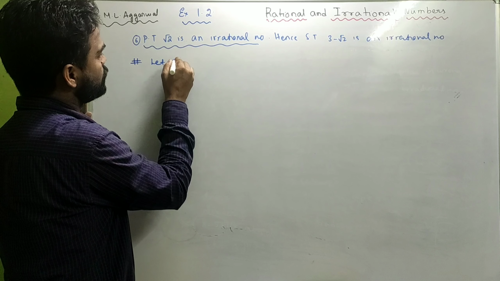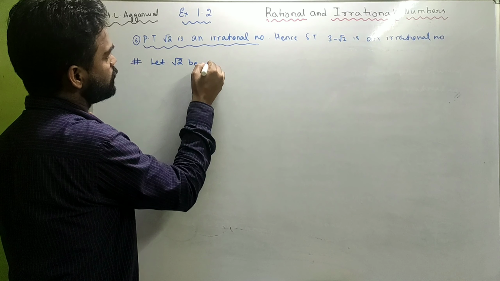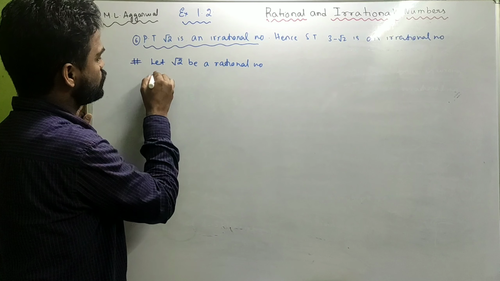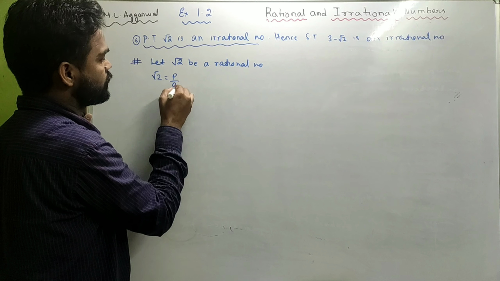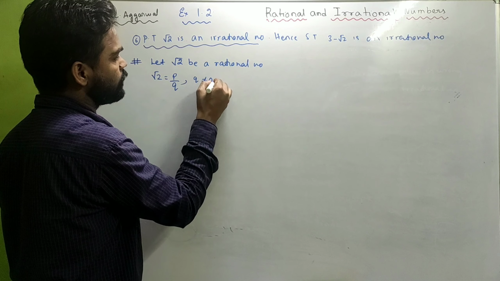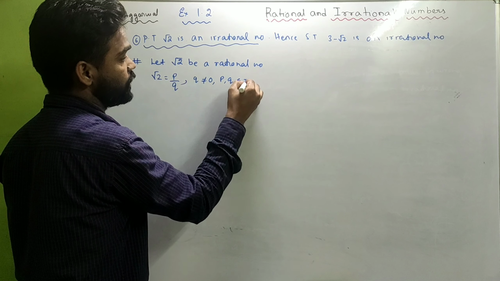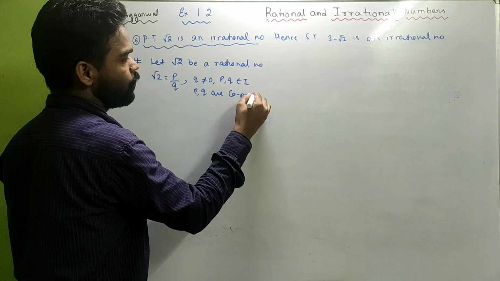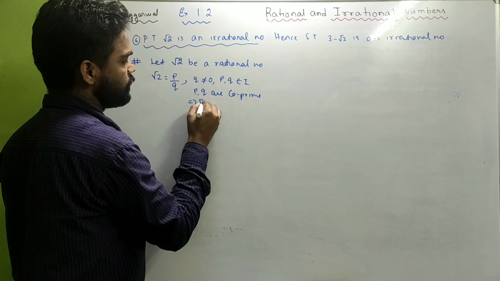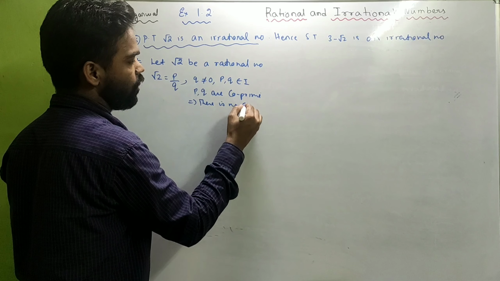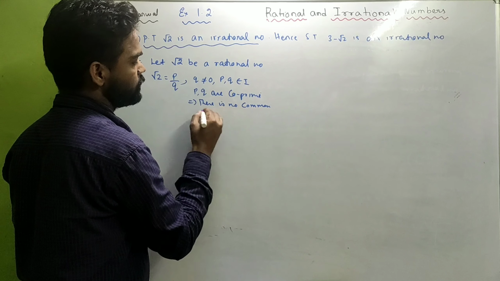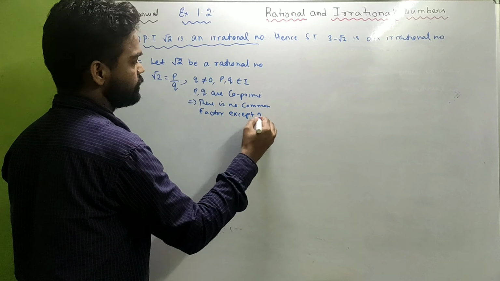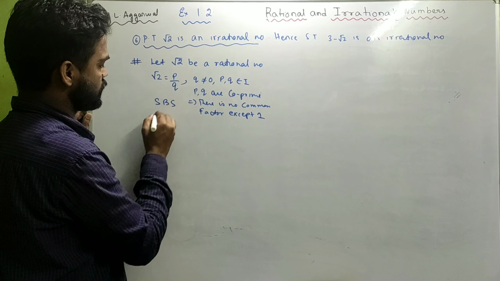Let root 2 be a rational number, which means root 2 can be written as p by q, where definitely q not equal to 0, p, q belong to integers and p, q are co-prime, which means there is no common factor except 1.